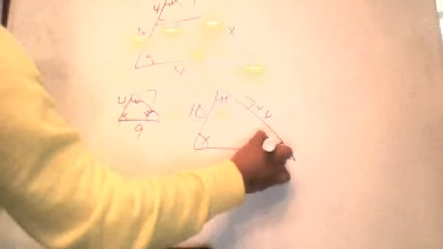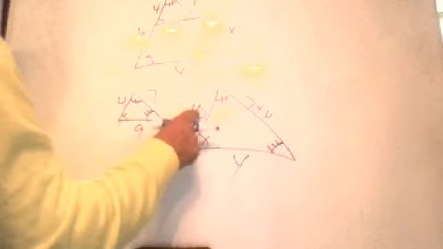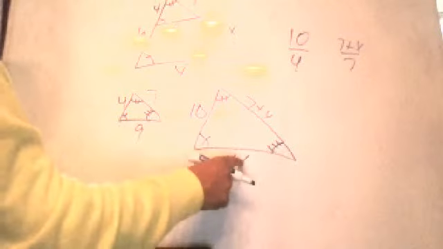So we know we have the proportions. As we said, these two are going to be equal. Therefore, these three have to be equal. Right? Yes? So the corresponding sides, 10 to 4, and this one is 7 plus x to 7, and then you have y to 9.